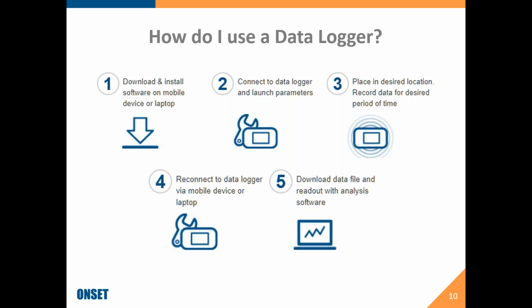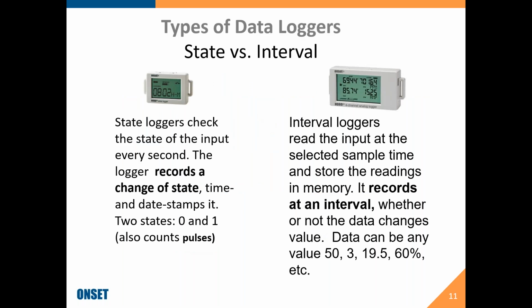There's what we call a state versus an interval data logger. As I was describing this setup, I was mostly describing the time interval. And that's how things are most typically used. In a lot of building, energy, HVAC applications, people want to know the runtime or when lights are on or off, or motors are on or off.